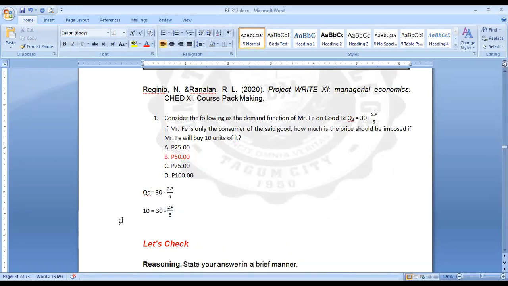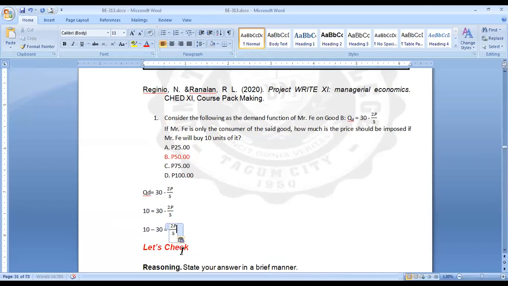The quantity demanded is 10 units. So 10 equals 30 minus 2P over 5. We transpose the 30, so 10 minus 30 is equal to negative 2P over 5. To remove the 2 over 5, we multiply both sides by negative 5 over 2.